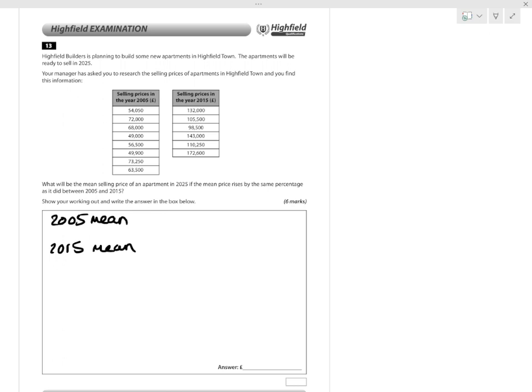So that there is 486,200, and divide that by 8, which is 60,775. And do exactly the same with the other ones.